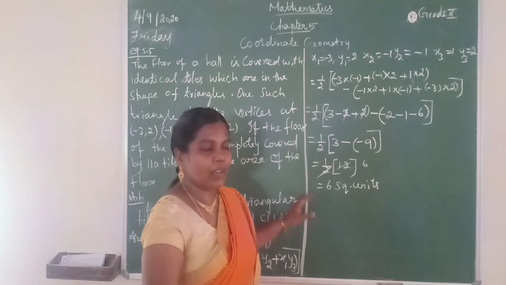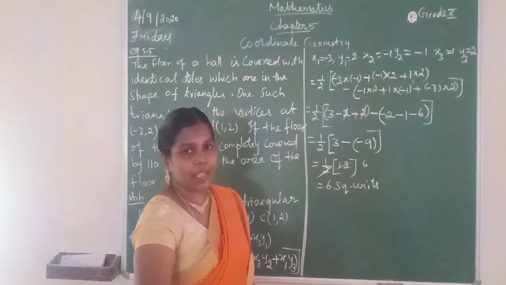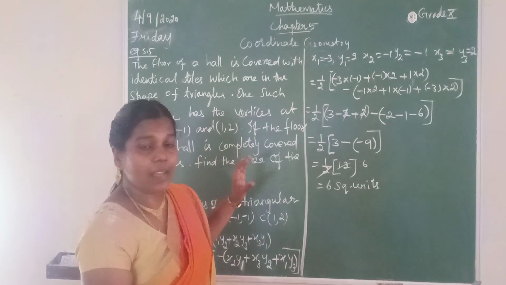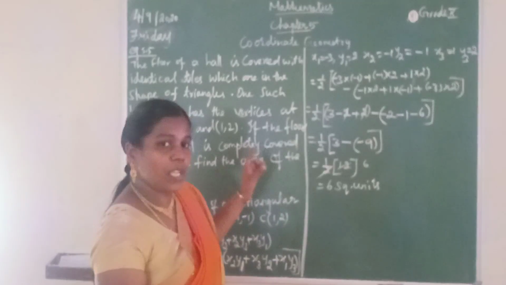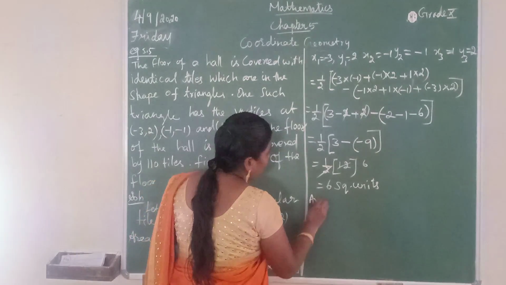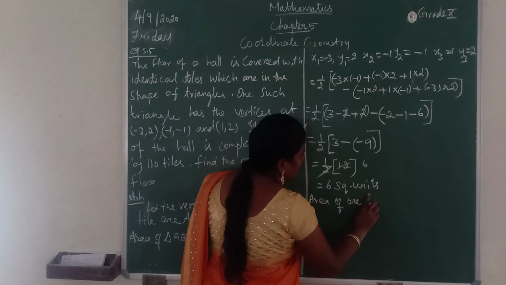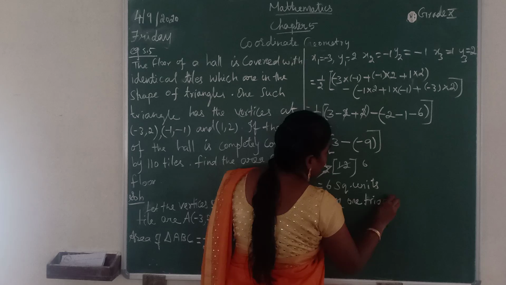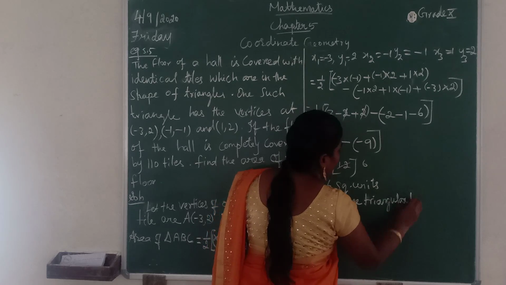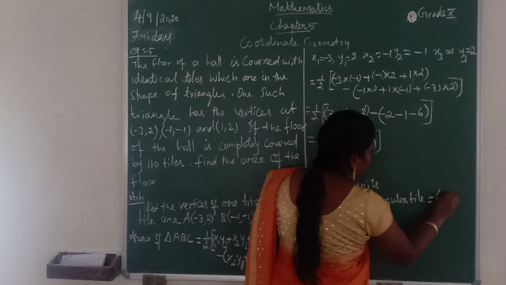We have to find out the area of 110 tiles. So area of one triangular tile is equal to 6 square units.